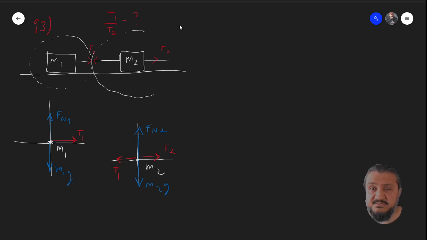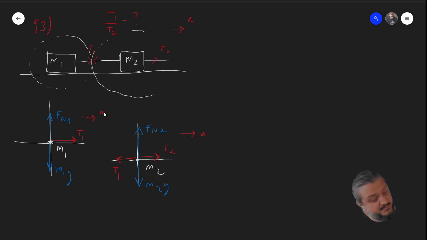So if the system is accelerating, each mass is also accelerating with a. Just read the problem to see if there is any hint about acceleration. Sometimes they will say with constant speed. They will not say acceleration, but they will say constant speed, which will give you zero acceleration. Constant speed means zero acceleration.